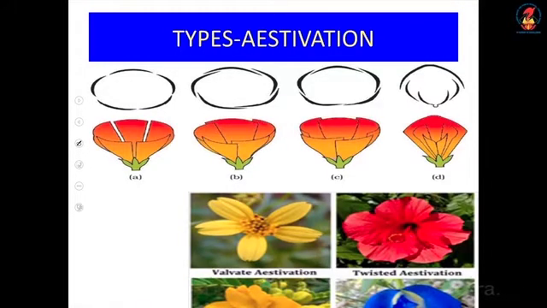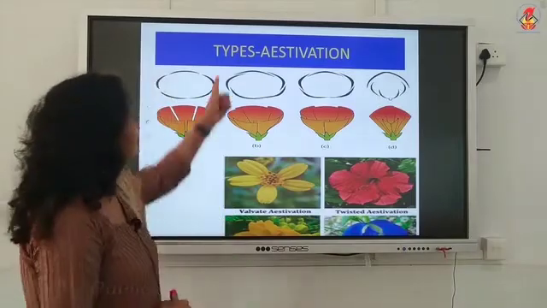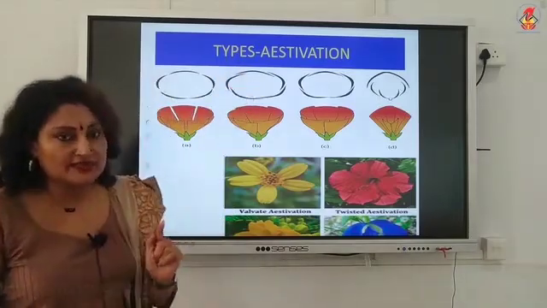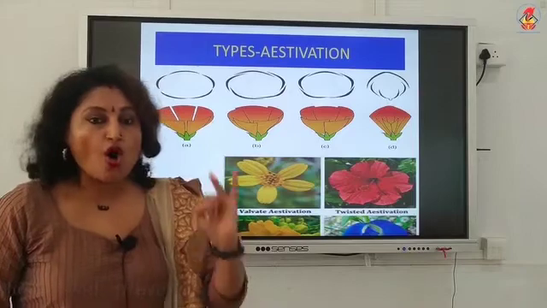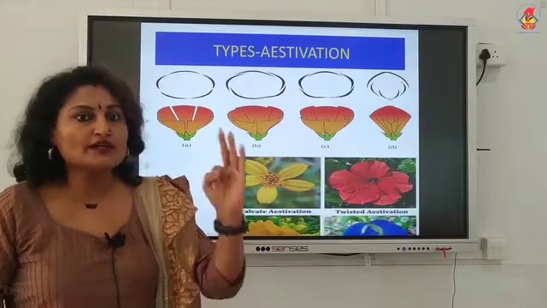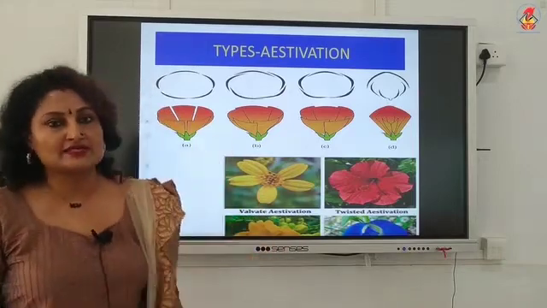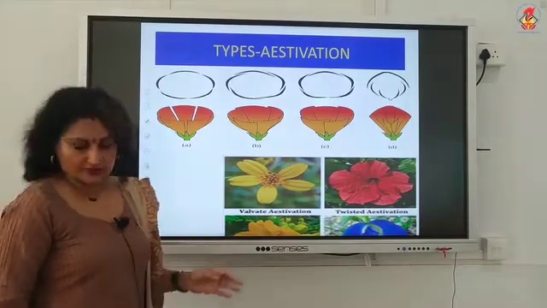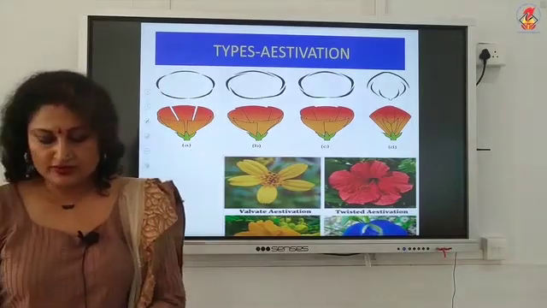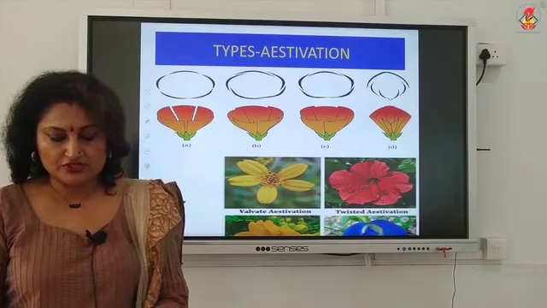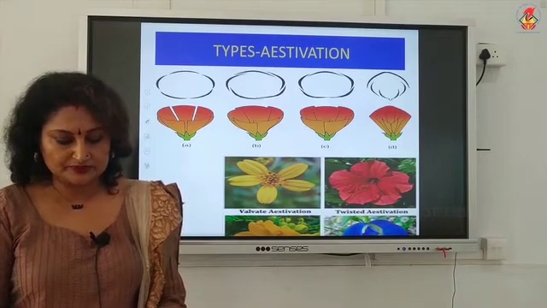Aestivation is the arrangement of sepals or petals or tepals on the thalamus. That is called aestivation.